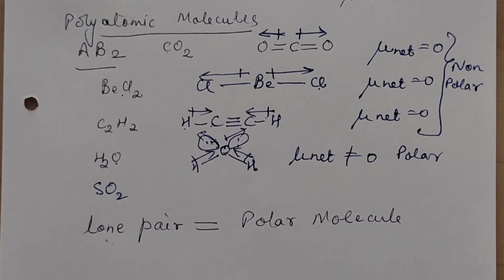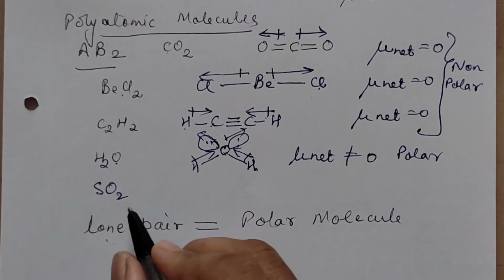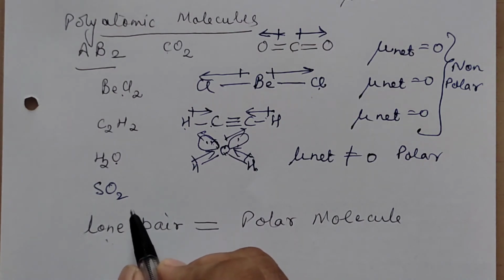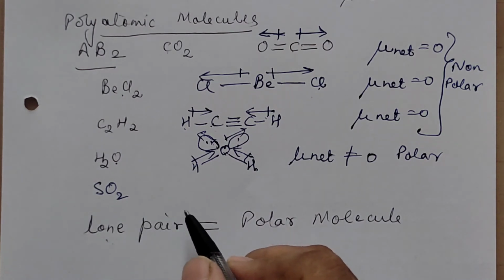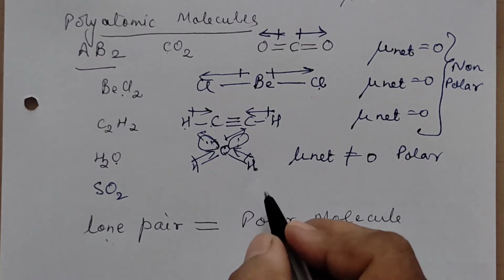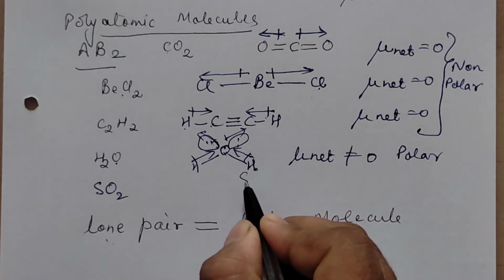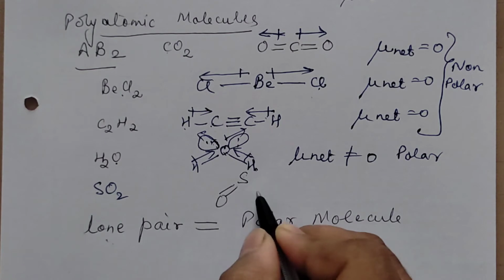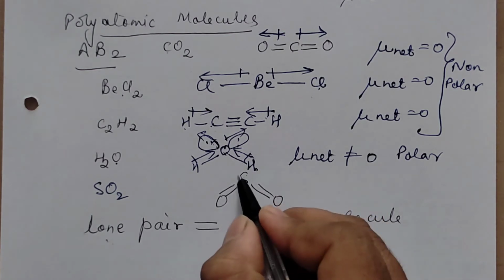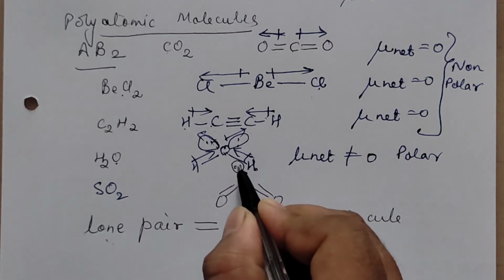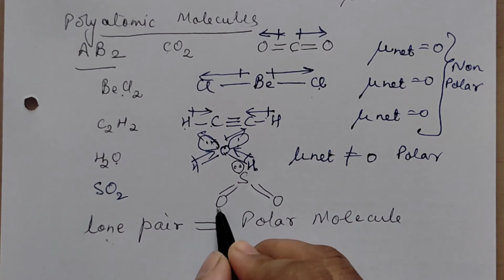Let's consider first sulfur dioxide. For shapes you can also refer to my previous videos on VSEPR theory and hybridization. So sulfur, with double bonds, is an angular molecule. There is one lone pair of electrons on the top. Oxygen is more electronegative.